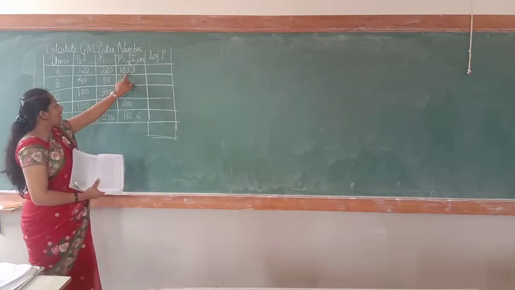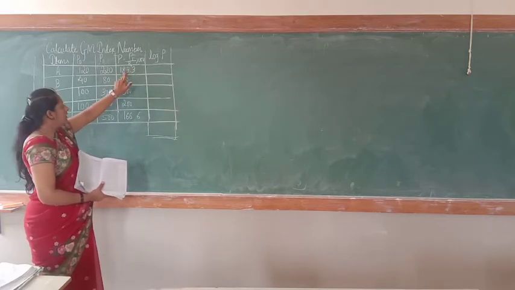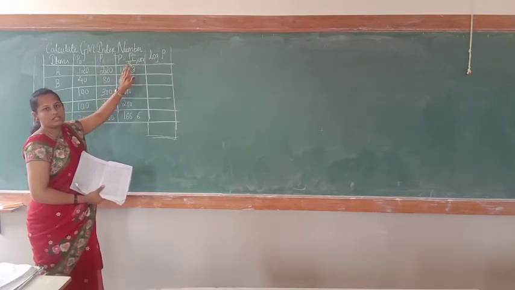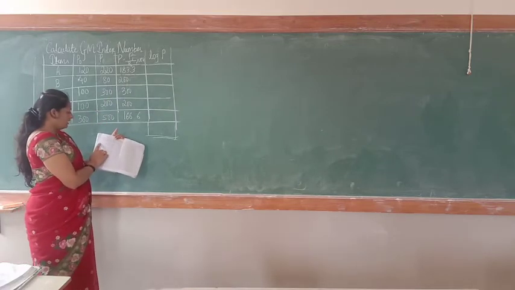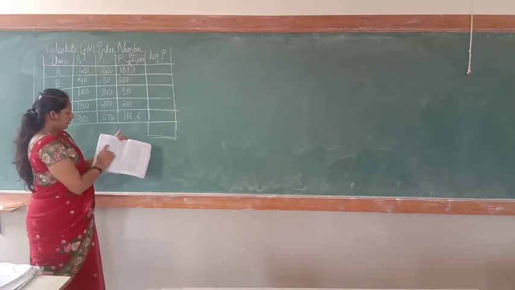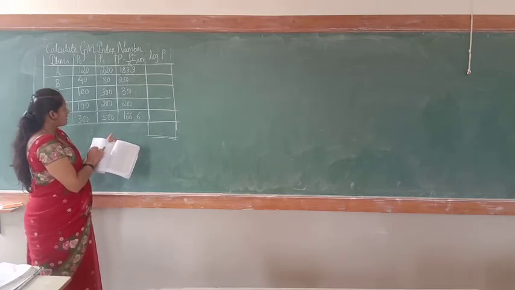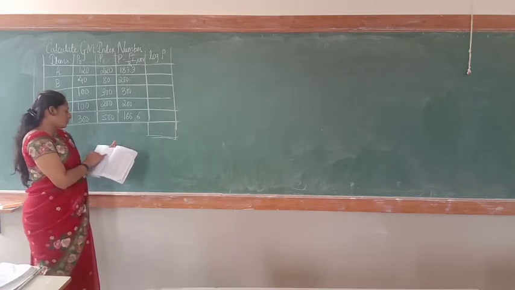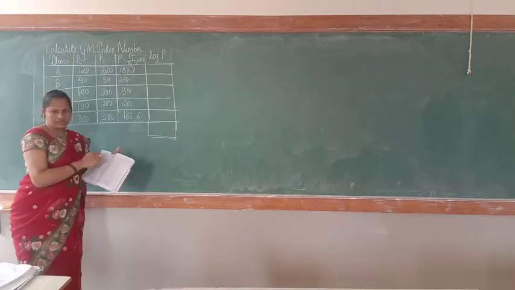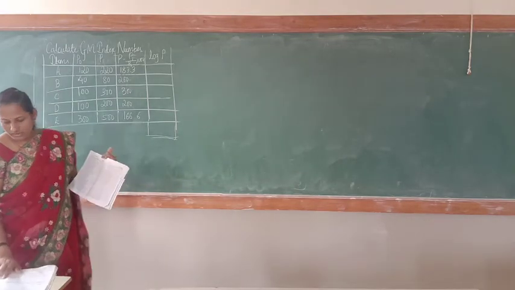For 183.3, you have to see 18, third column, mean difference 3, you have to add. 18 is here, in the third column, 2625. Mean difference for 3 is 7. So 2625 plus 7 is 2632.